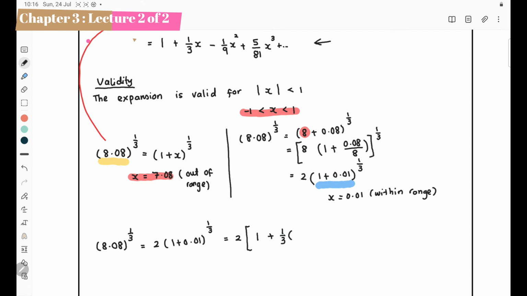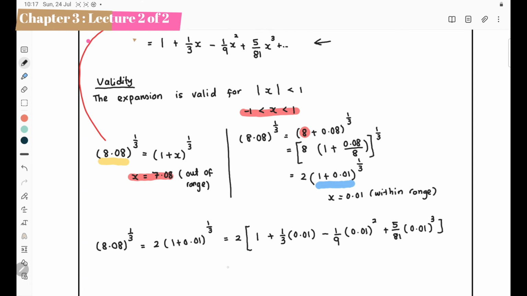Don't forget, x will be substituted with 0.01. So here what we have, minus 1 over 9, 0.01 squared plus 5 over 81, 0.01 cubed.